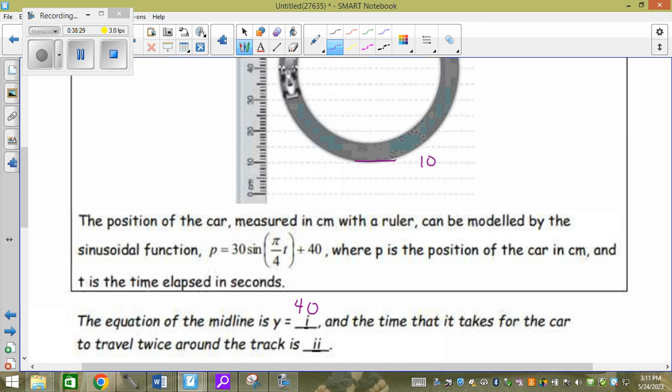Formula sheet, right? So the period equals 2 pi divided by pi over 4. Should be 8.